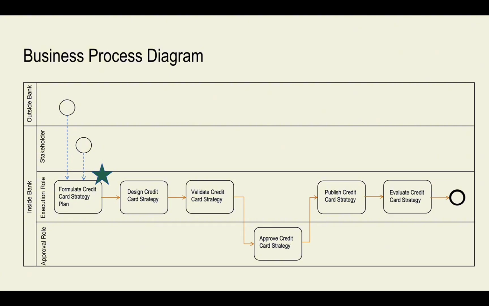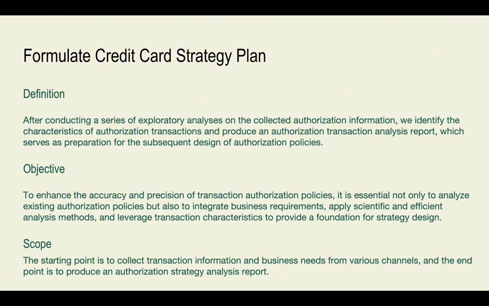When introducing a task, we describe it through the task definition, task objective, task scope, inputs, outputs, and business steps. The core of Formulate Credit Card Strategy Plan is to deeply analyze and study the transaction information and business requirements we collect from various channels.